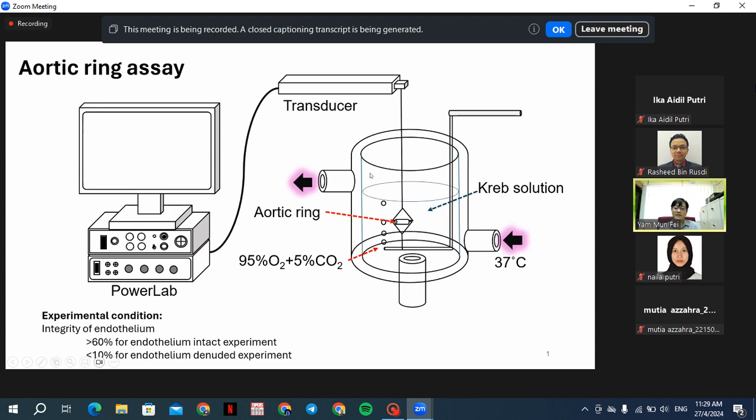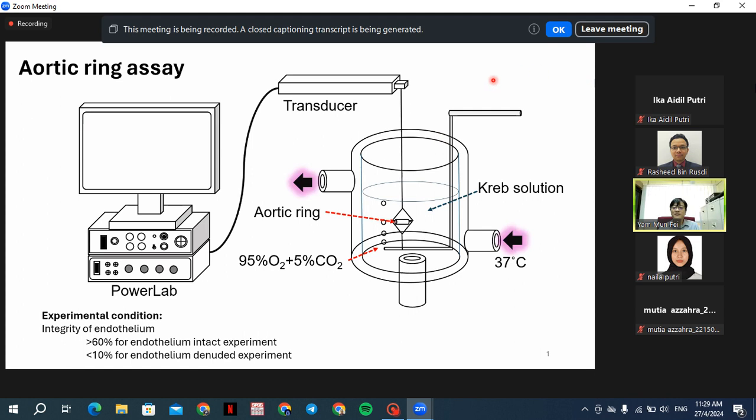So you have the organ bath, the transducer, then you have the PowerLab here. If you pipette in a vasoconstrictor, your blood vessel will contract, isn't it? Once the blood vessel contracts, it will drag the transducer. The transducer will send a signal, and then your computer will get the reading.